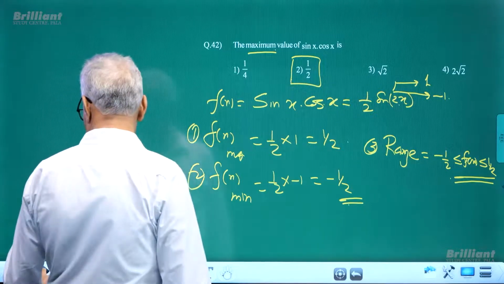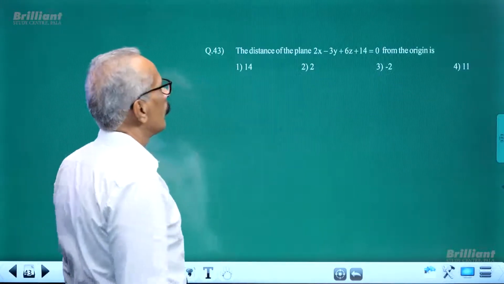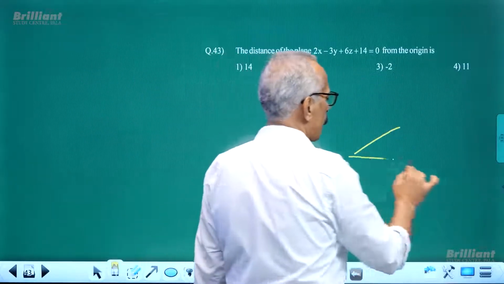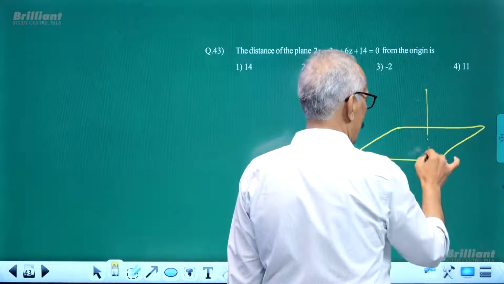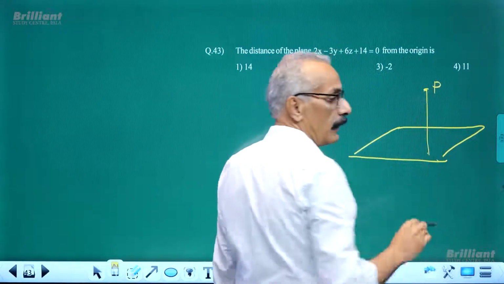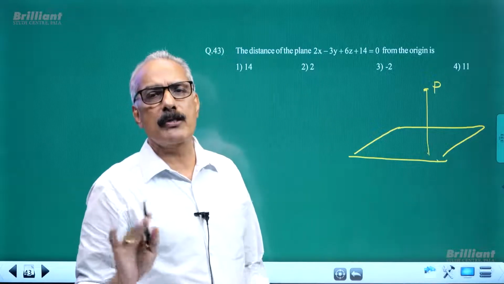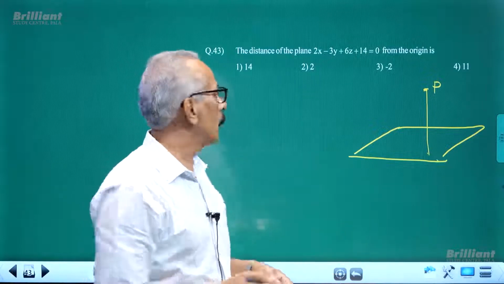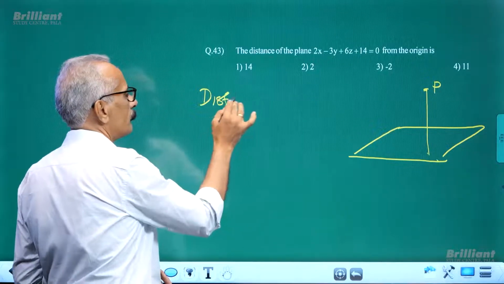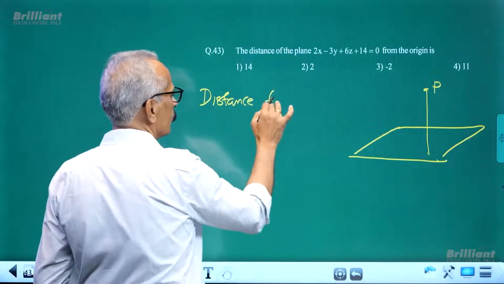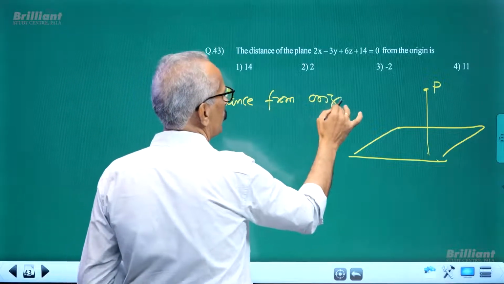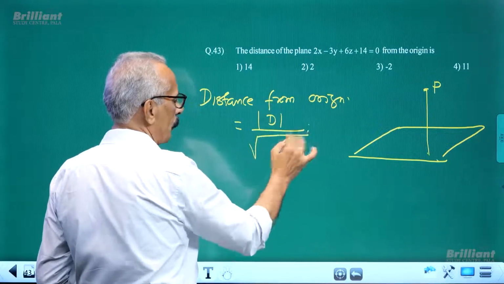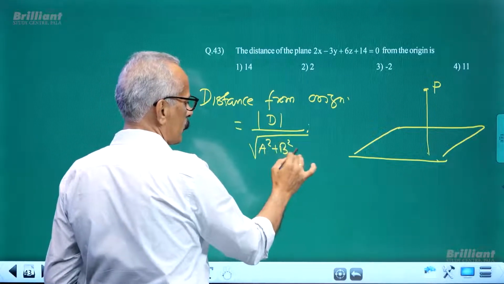Okay. Now we will move on to the next. The distance of the plane from the origin. Distance of the plane from the origin means, what's the formula? This is the origin or any point P. Distance is ax1 plus by1 plus cz1 plus d divided by root of a square plus b square plus c square. For the origin, x1, y1, z1 will be 0. So distance from origin is equal to modulus of d divided by root of a square plus b square plus c square.